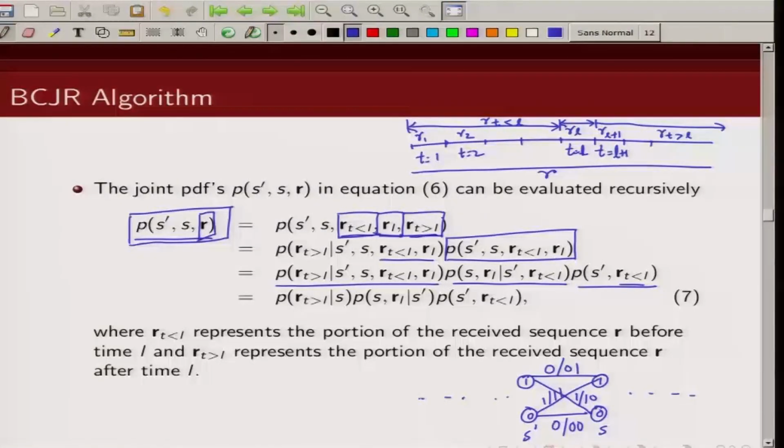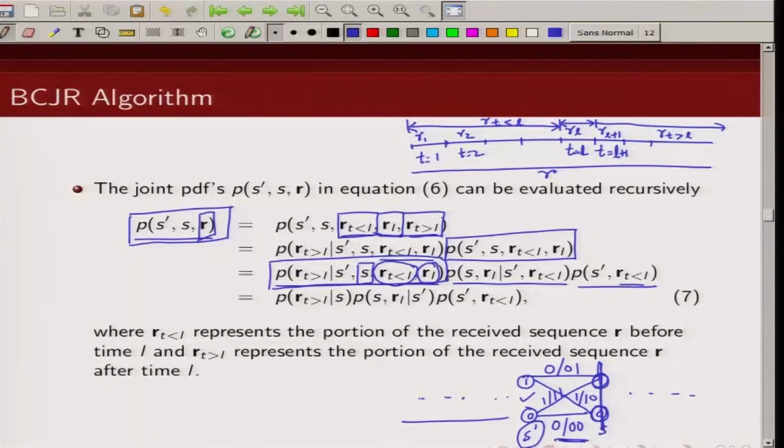Now, note that if I specify this next state, so probability of R t greater than L given S, then I do not need information about the previous state, I do not need information about what is the current input, I do not need information about what was the received sequence before L, provided I know what is the next state S. So, this probability that you see here, probability of R t greater than L given S prime, S and this received sequence R, can then be written as probability of R t greater than L given only S, because knowing this final state S, I do not need information about what was my state here, what my received sequence was here, or what my past received sequence was.